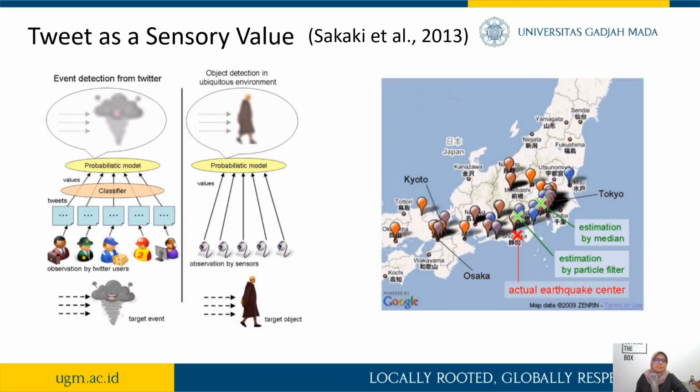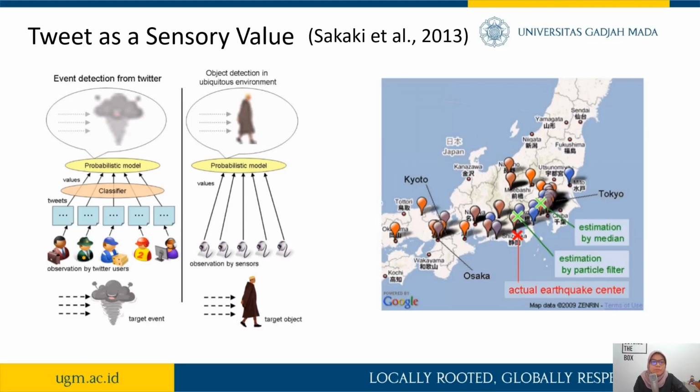So there is a research work by Sakaki et al. in 2013 that describes tweets as sensory values. They make an analogy of a tweet as a sensor. How the tweet works and how the sensor works is pretty similar in this case, but of course the input will be different.